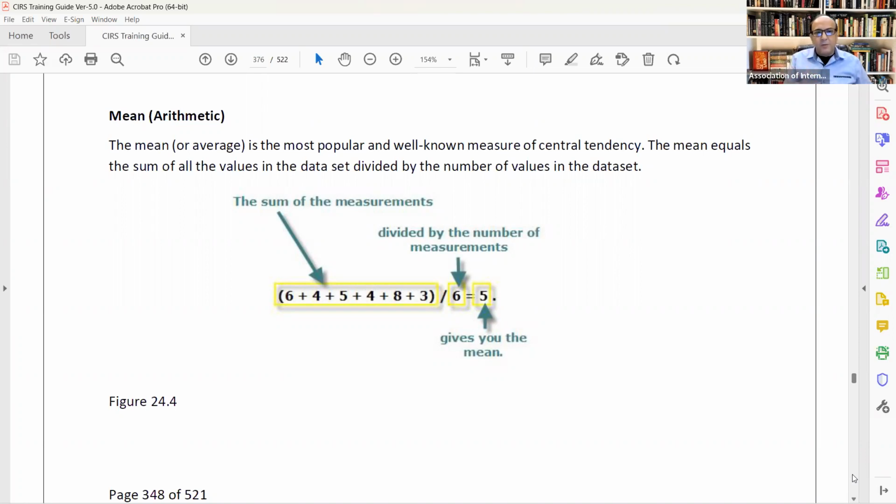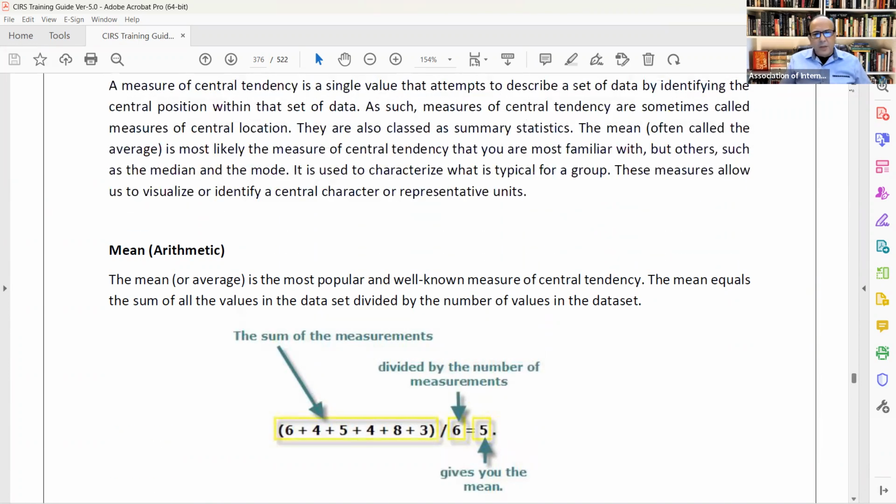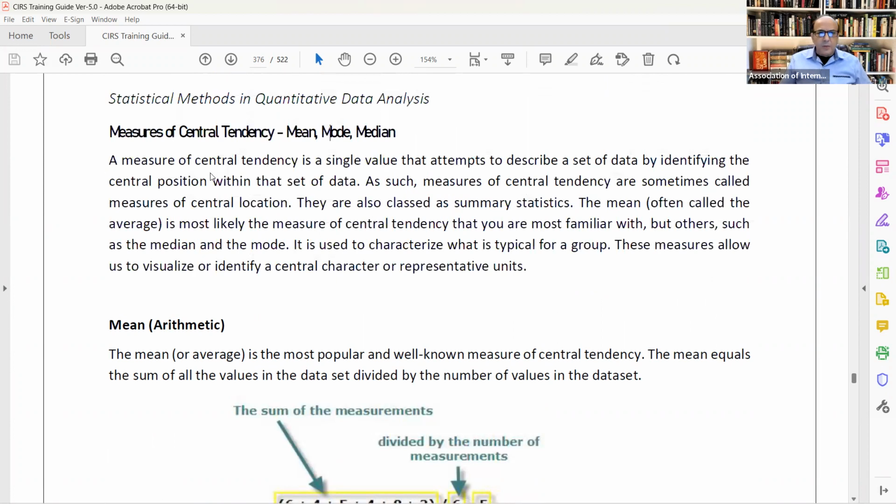All of that is automated right now. So you don't have to actually do any of that maths.